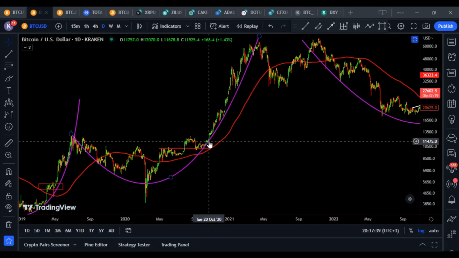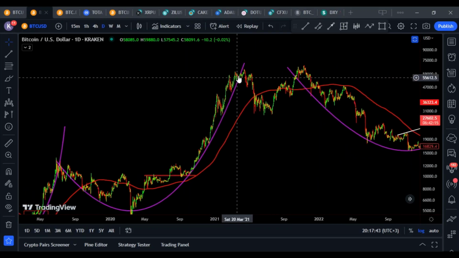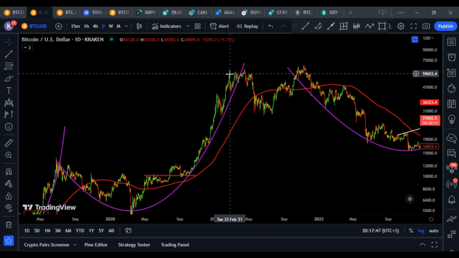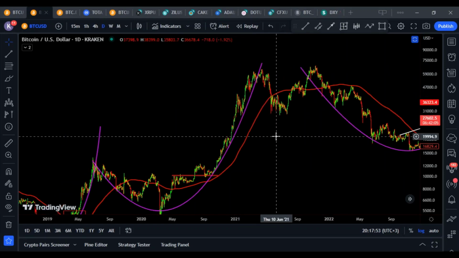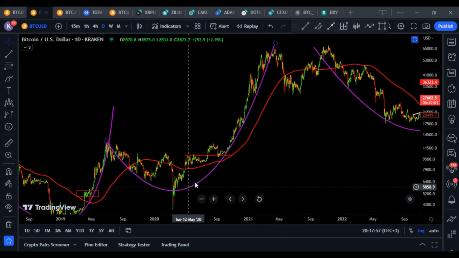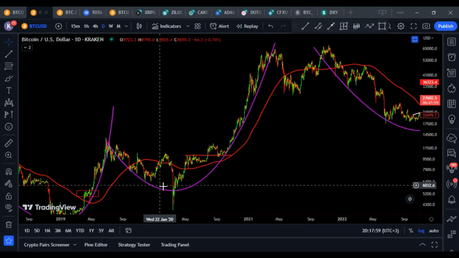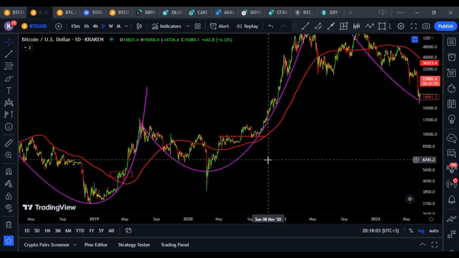But again, this purple line held us all the way up into the previous all-time high, the first high in the last bull cycle, until we dipped back and created the second higher high on the macro. So this was a support all the way through the previous cycle run.